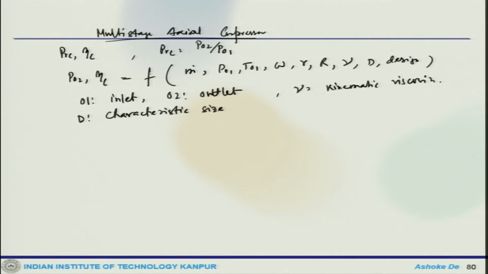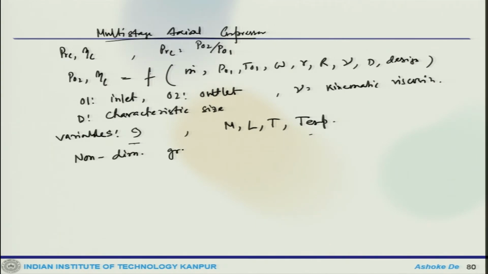The total number of variables here is 9, and we have mass, length, time and temperature as the primary independent variables. So we have non-dimensional groups of 9 minus 4, which is 5.